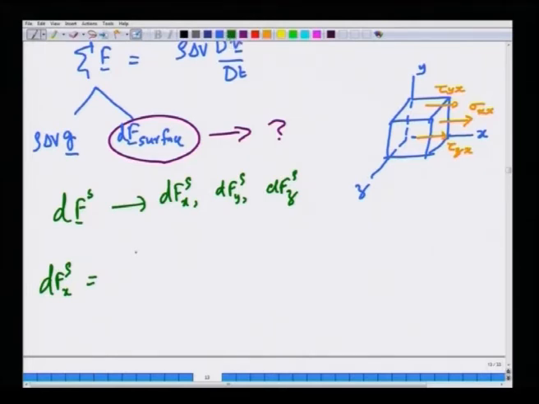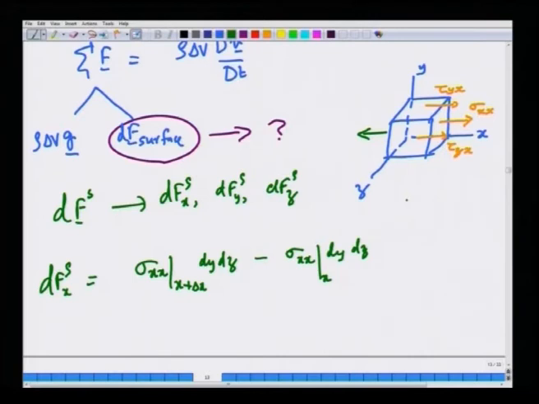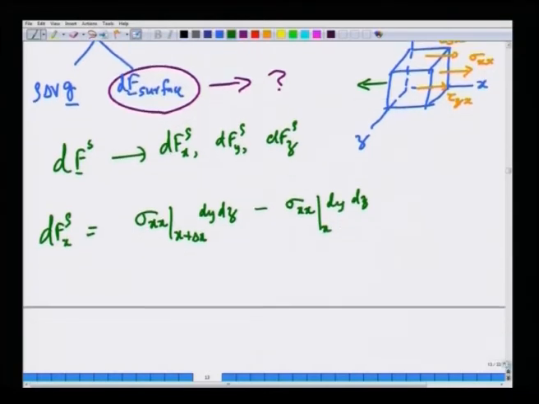So, the total force in the x direction is: you have sigma x x acting here at x plus delta x times dy dz, the area of the surface over which this force is acting. Now, you have to add all the forces, but the unit outward normal to this is in the minus x direction, so the force will also be in the negative direction, and you will have a negative sign for this.